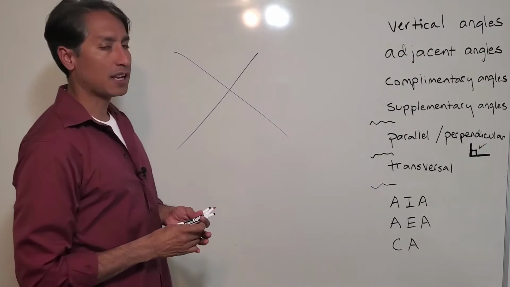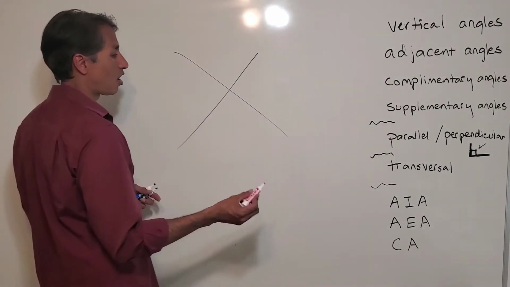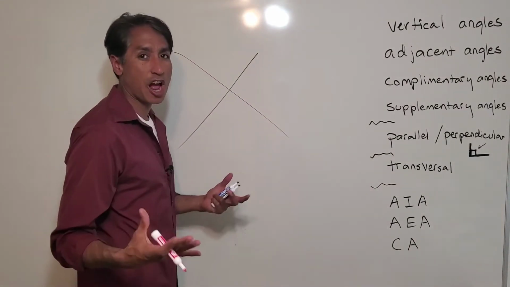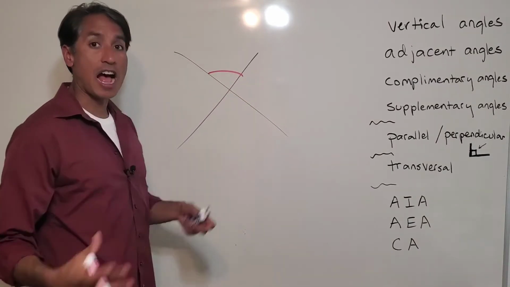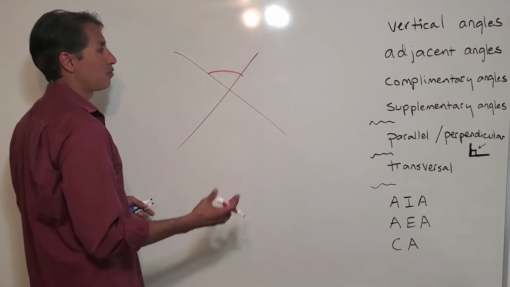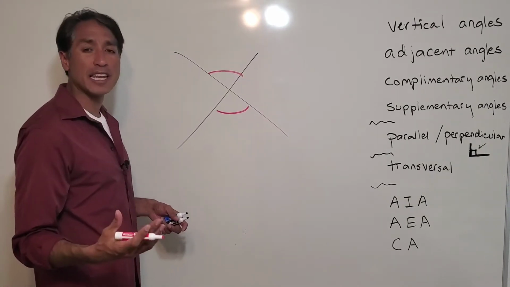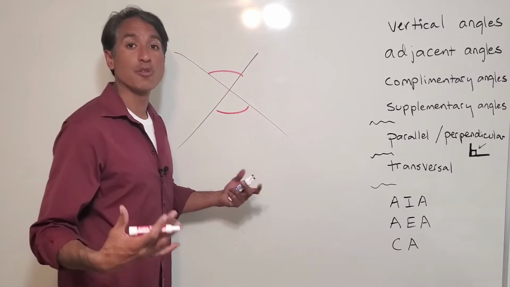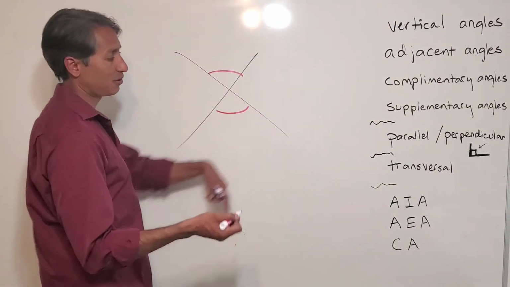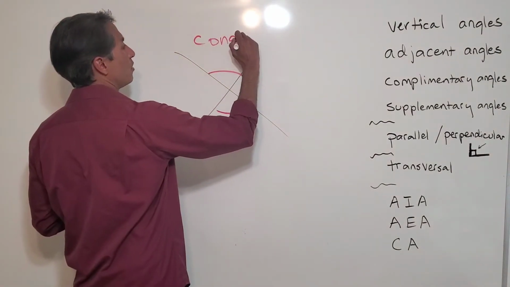When it comes to vertical angles, we're talking about angles that are, you could almost say, opposite each other. So we have an angle here. The opposite angle of that one would be this one down here. And the main takeaway for vertical angles is that they are congruent.